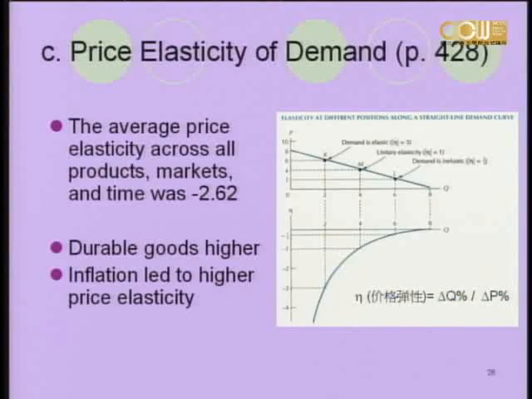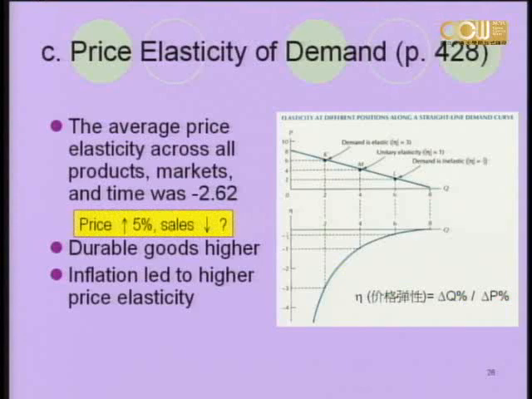Let me just tell you. In general, average price elasticity across all products, markets, and time was minus 2.62. What does this mean? Suppose I increase my price 5%. My sales will decline how much? The general conclusion is elasticity is minus 2.62.